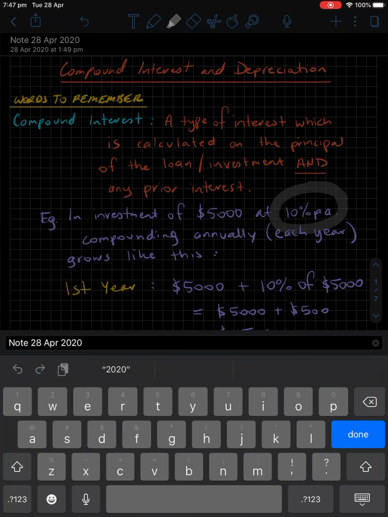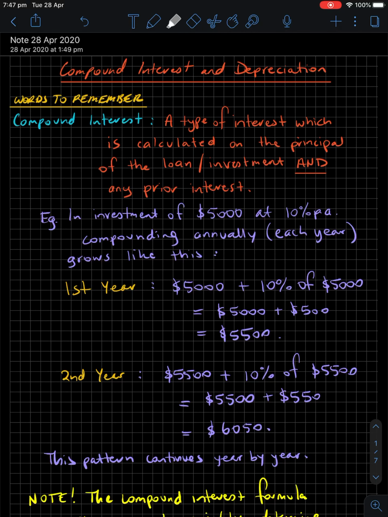Okay, so for example, say you've got an investment of $5,000 at 10% per annum and it's compounding annually. When I say compounding annually, it means that extra interest is being put into the investment each year, or it happens once a year.